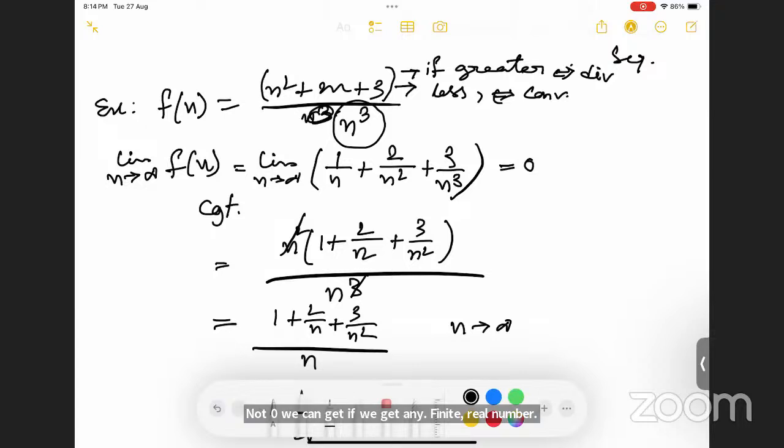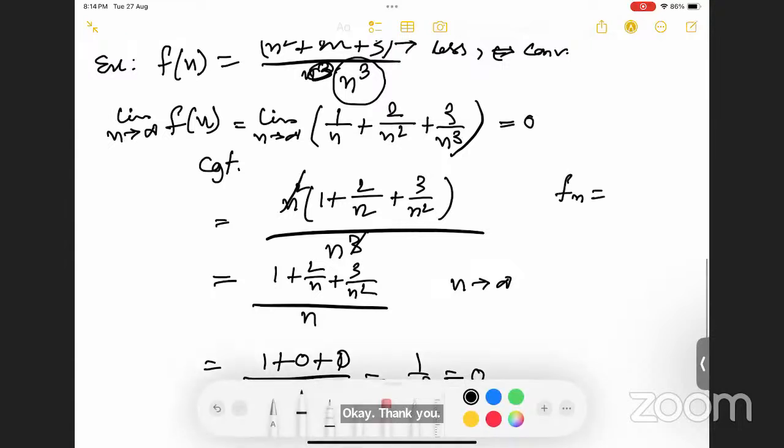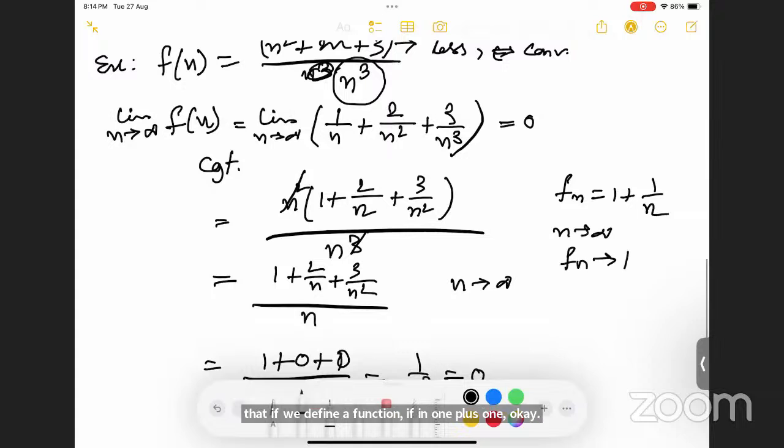So if we define a function fn equal to 1 plus 1 by n, then as n tends to infinity, this function will tend to 1, right? So this is again one convergent sequence. This limit should be any finite number, not necessarily 0. Okay, ma'am. Thank you, ma'am.